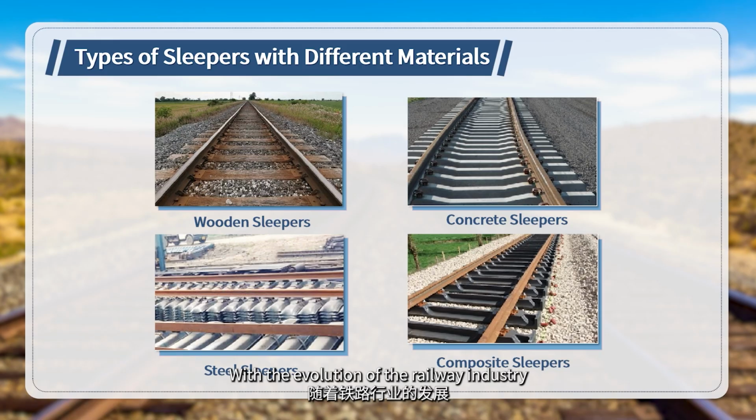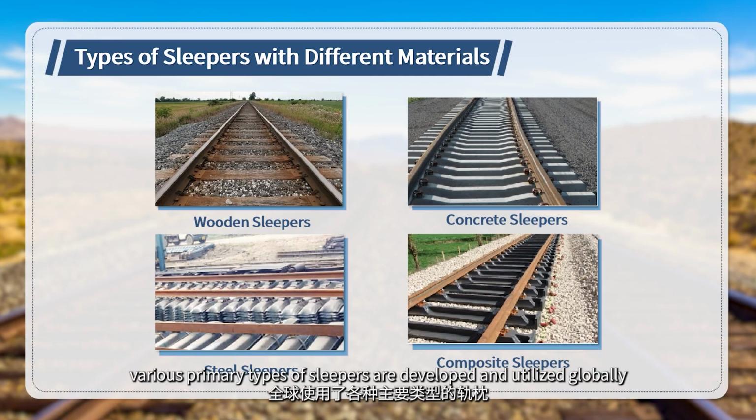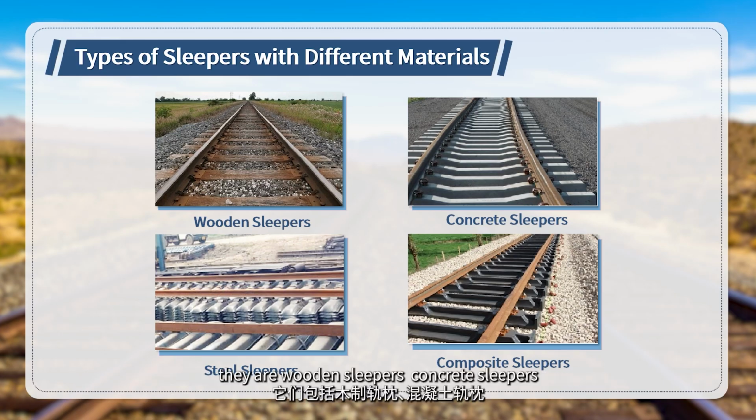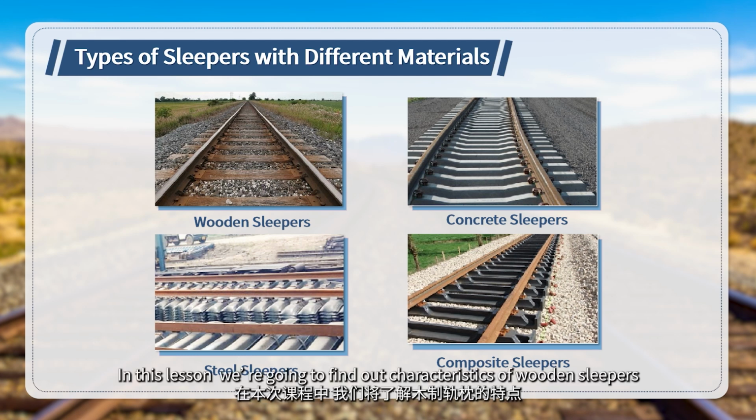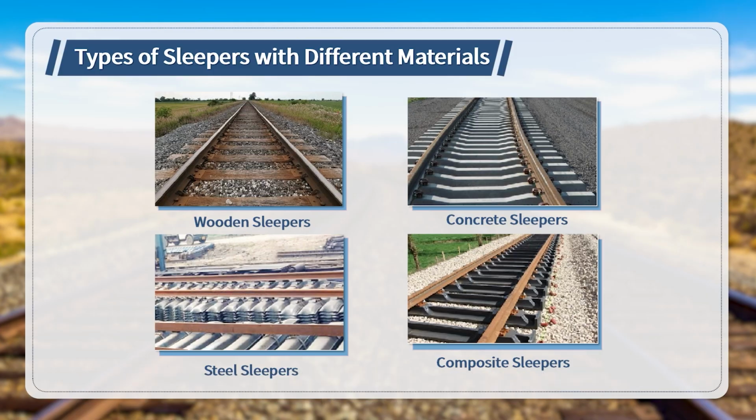With the evolution of the railway industry, various primary types of sleepers have been developed and utilized globally. There are wooden sleepers, concrete sleepers, steel sleepers, and composite sleepers. In this lesson, we're going to find out the characteristics of wooden sleepers.